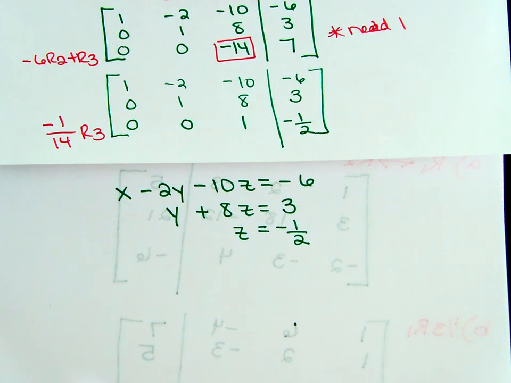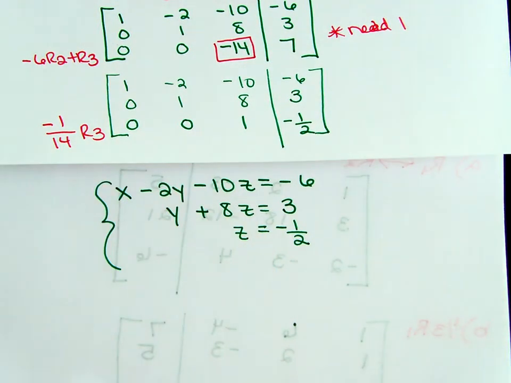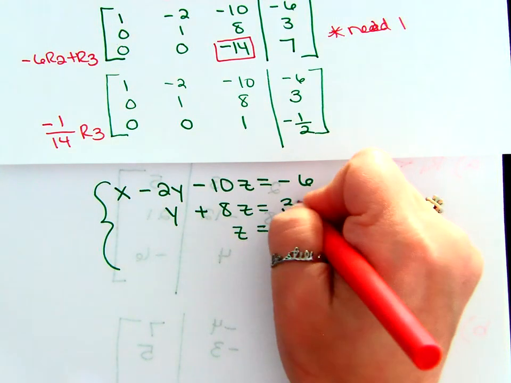So here's my new system. And because we have spent the time getting it to row echelon, we will always know what z is. Z is negative 1/2. So we can back substitute that negative 1/2 up one row or one equation and figure out what y is.